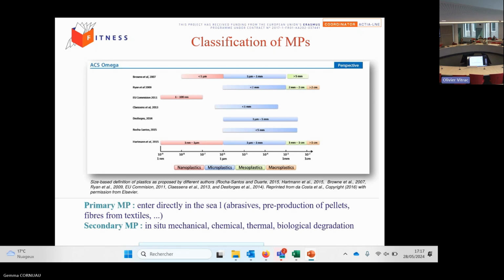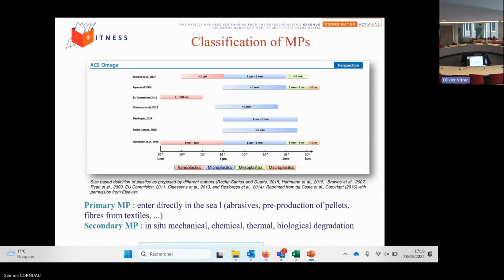It depends, it's not completely stabilized. So between 2 and 5, the cut-off is taken for microplastics, and it is always the longest size of the item one is fishing from the sea, for example. When it is larger than this, then it's macroplastics, so it's a big pollution in the environment.